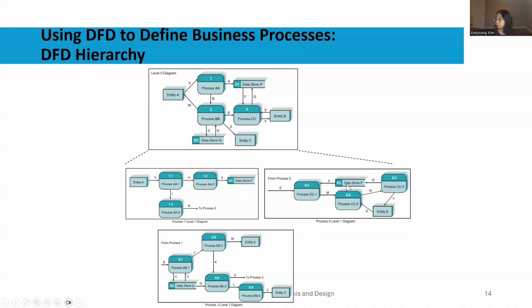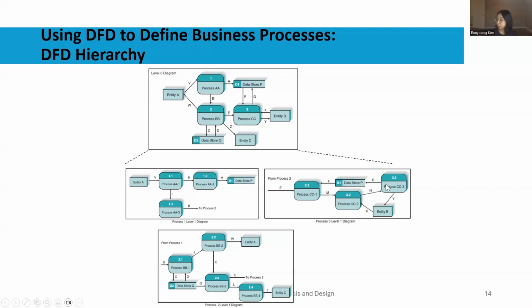How about this one? It's about process 3, right? Process 3 level 1 diagram. Let's see. The process 3 diagram, after whatever sub-processes they have, should produce the data flow tree to the data store P, right?